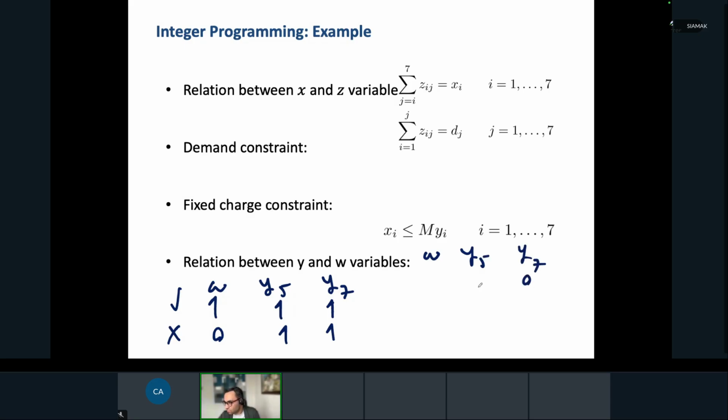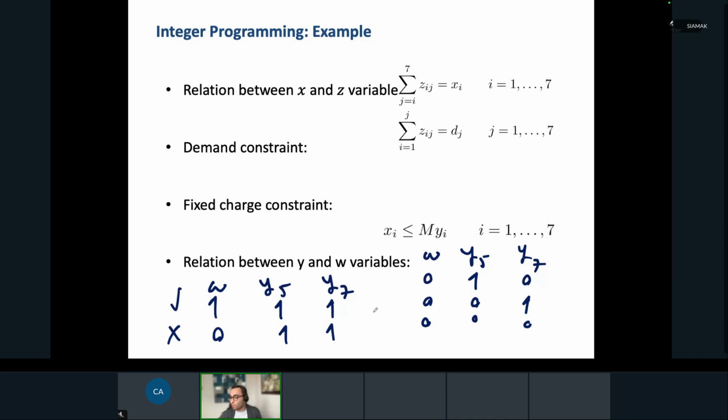If this is 0, this is 1, then W should be equal to 0. When this is 1, but this is equal to 0, W should be equal to 0. When both of them are 0, then W should be equal to 0. 1, 2, 3, 4, 5. I have 3 more to write. But you can write them. These are essentially the ones that we have to make sure that they are there.